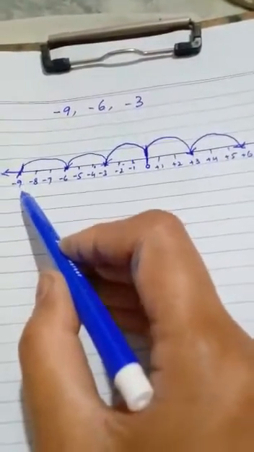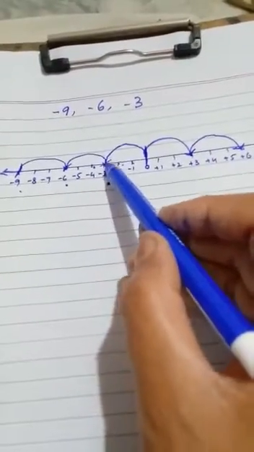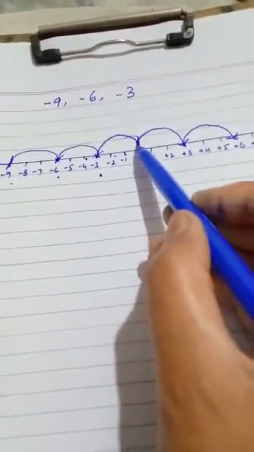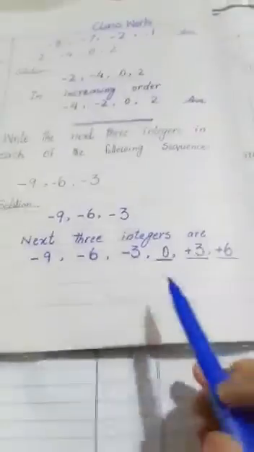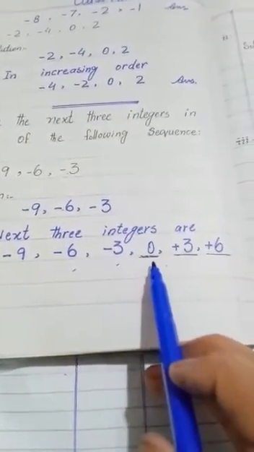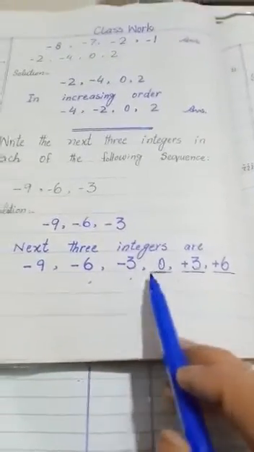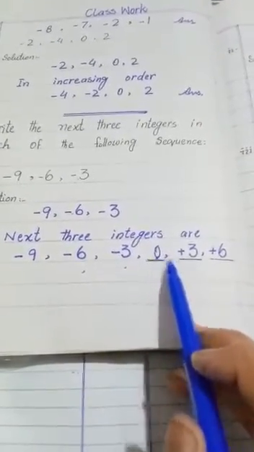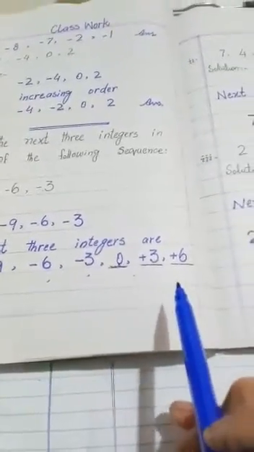Starting from -9, -6, -3, the next numbers are 0, 3, and 6. So we write -9, -6, -3, 0, +3, and +6. The 0, +3, +6 are the next 3 integers.